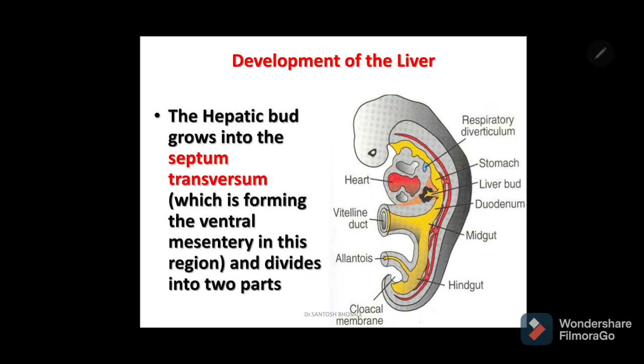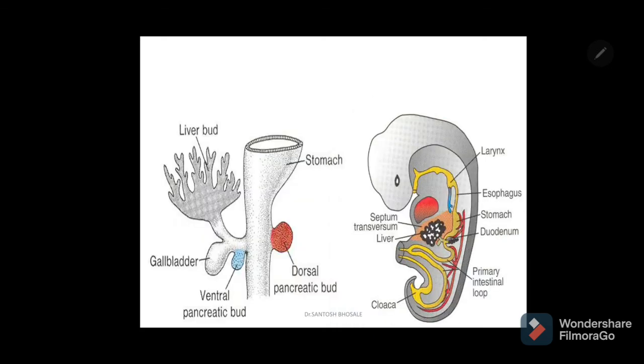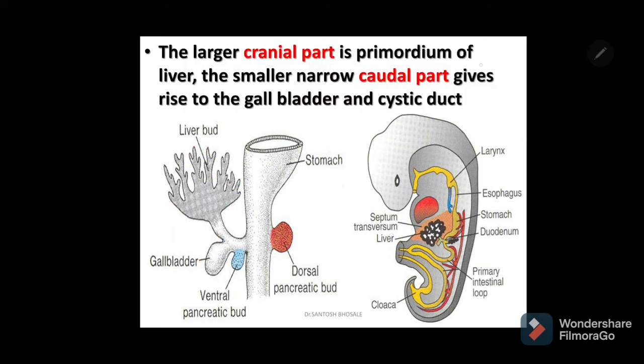You can see the liver bud there. The hepatic bud grows into the septum transversum, which is forming the ventral mesentery. That is, the ventral mesogastrium is formed by the septum transversum. It goes within that septum transversum. There you can see the hepatic bud coming from the foregut, growing in the septum transversum and undergoing differentiation to form different parts.